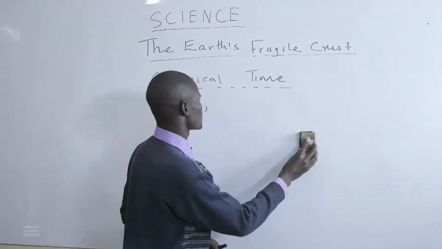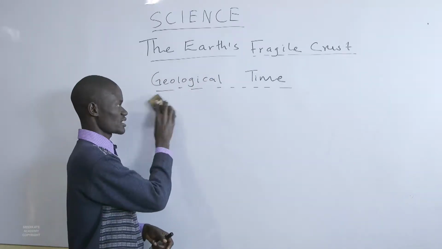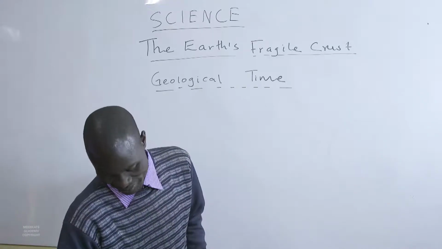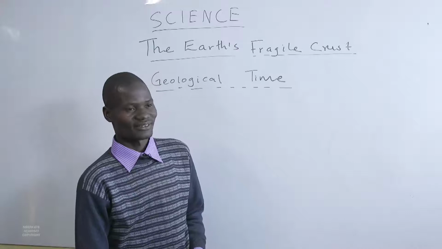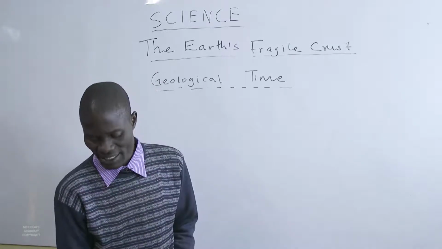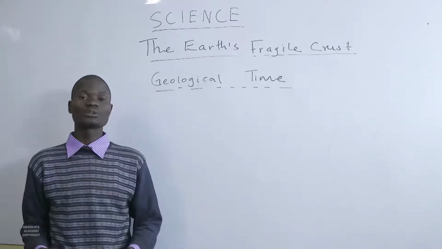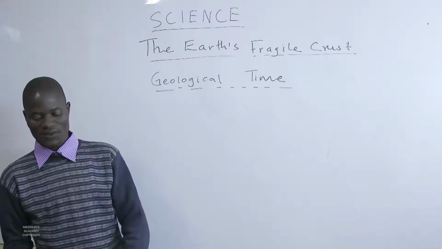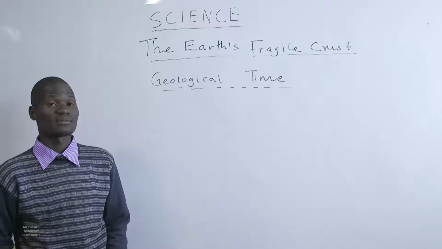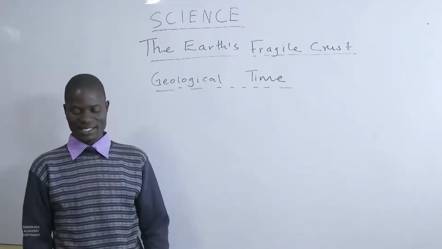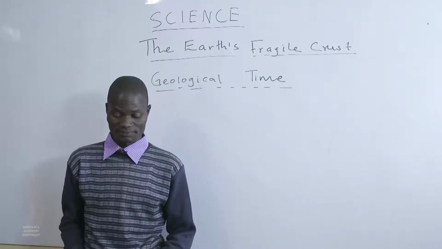Anyway, in the previous lesson, we looked at fossils. Then what are fossils? Just to remind us, we found out that fossils are the remains of living organisms who died and were buried in the soil.